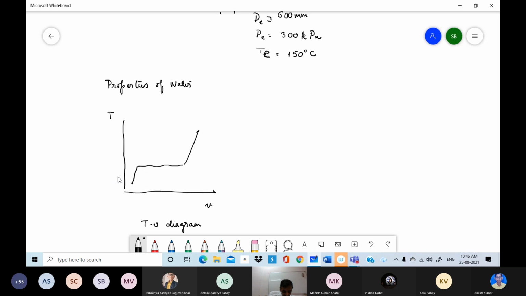Now, if I increase the pressure, in that case, evaporation we know will occur at a higher temperature. So the graph would come out something like this.